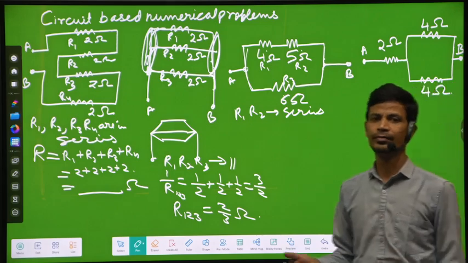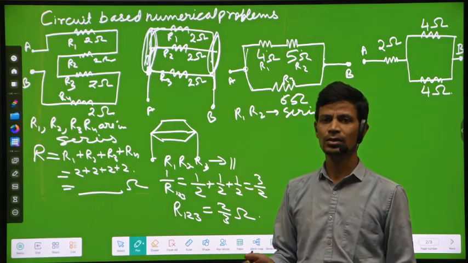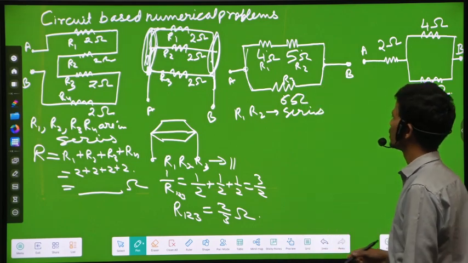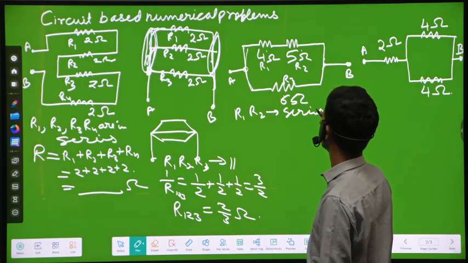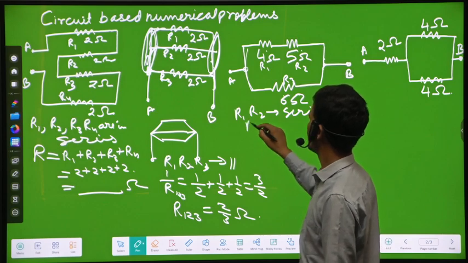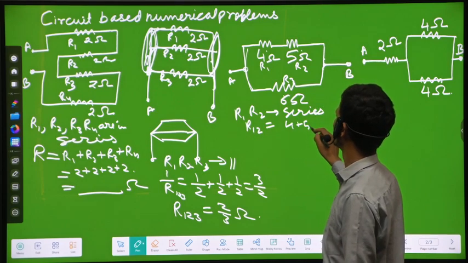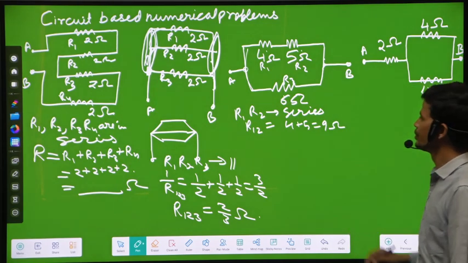Solve these bracket-based questions one by one, simplifying as we go. In the same way, R1 and R2 are in series, so R12 is equal to R1 plus R2, that is 9 ohm.